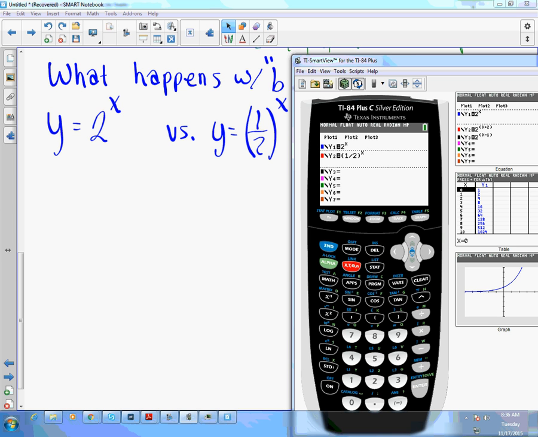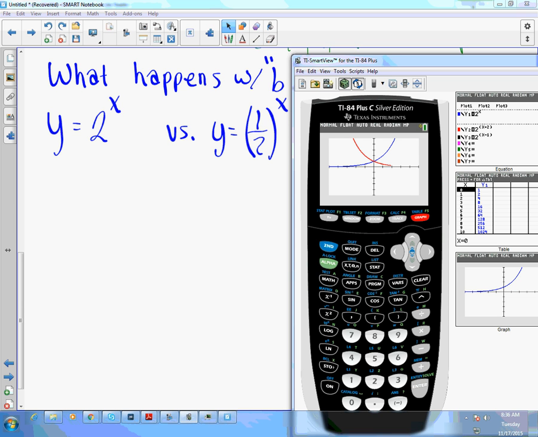Whoa. So you should have marked this last year, but it's been a while. So if I push graph, the second one, the red one, has a base of a fraction where I'm going to write 0.5 to the x, so between 0 and 1.